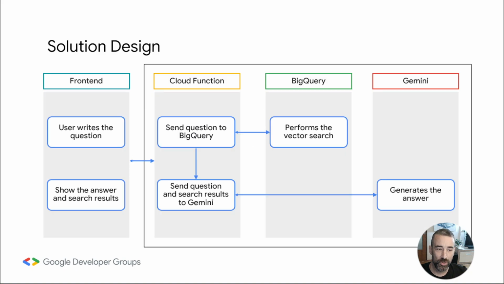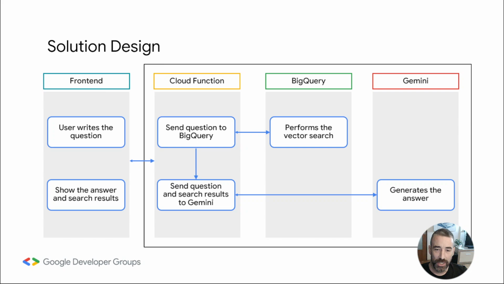So the design for our solution, as I mentioned, is end-to-end, meaning that we will build a simple front end and the back end, which consists of multiple parts. The flow basically is: the user writes the question, puts it into a website, and clicks send. We call the cloud function. We will use Google Cloud Functions with Python for this solution.